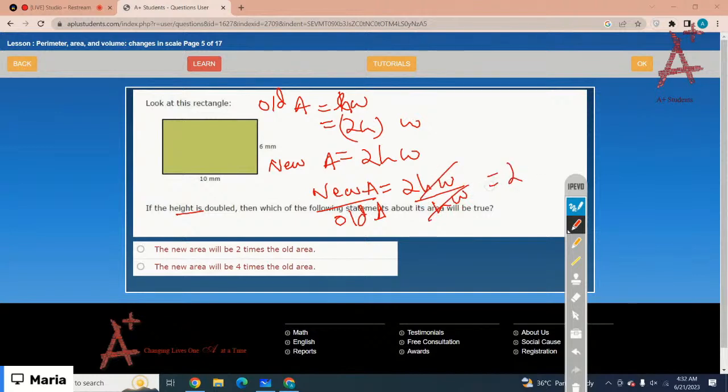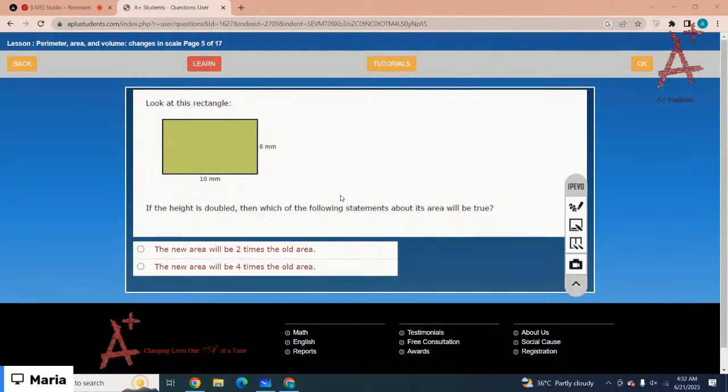HW cancel out, you are left with just 2. That means the new area will be 2 times the old area. Got it? So option number 1 is the correct option.